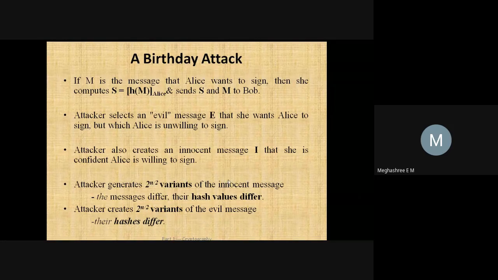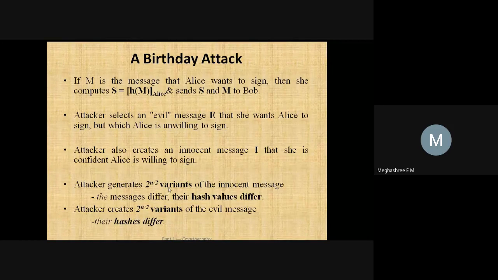When these messages are created, different hash values are also generated. For these many messages, the attacker will apply the hash function and he'll have different hash values for these many variants. In the same way, for the evil message also, he'll create 2^(n/2) variants, on which he will apply the hash function and he'll have different hash values for these many variants.